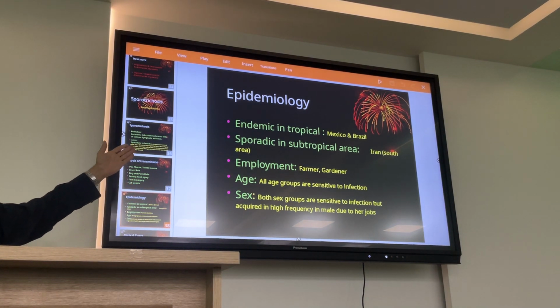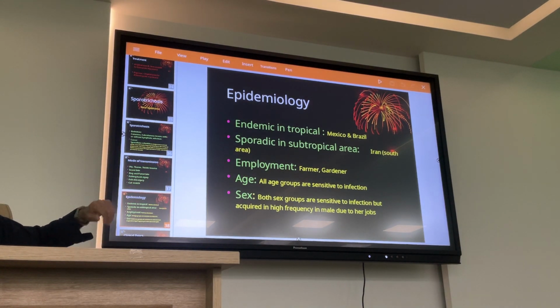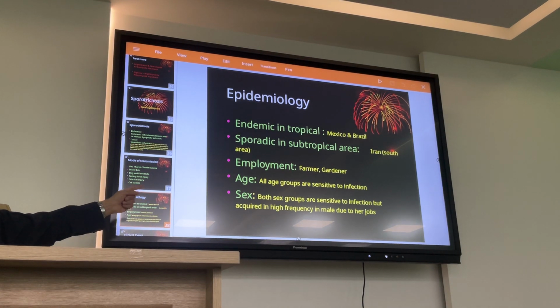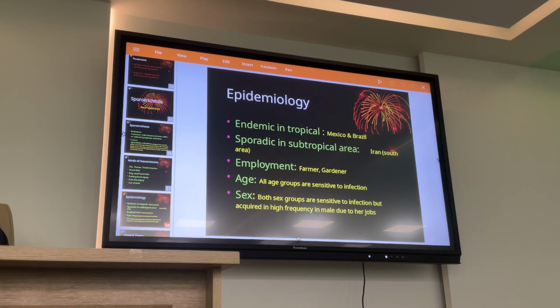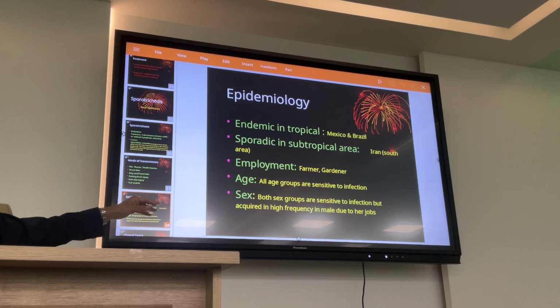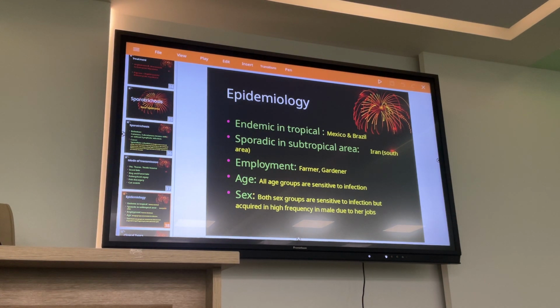It is an employment disease, because you find a high number in farmers and gardeners. Both sexes are susceptible, but we find a high frequency in males because it is a job disease. In each age group you can find this infection, but like mycetoma, there is a high number of infections in 20 to 50 years old.